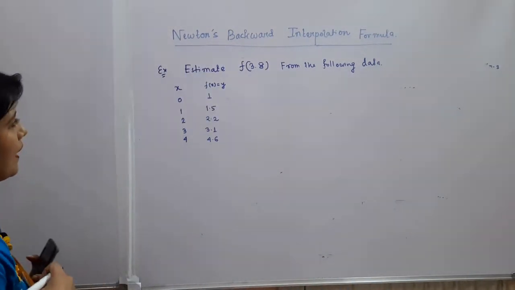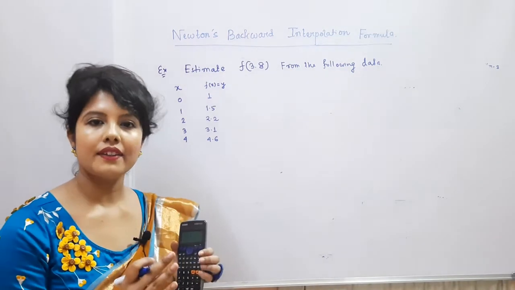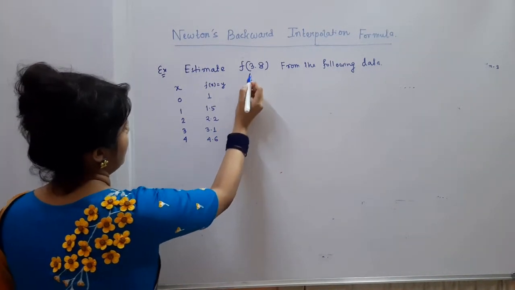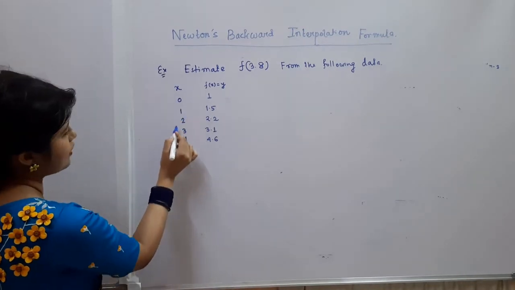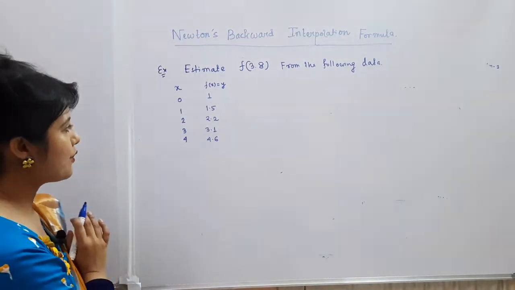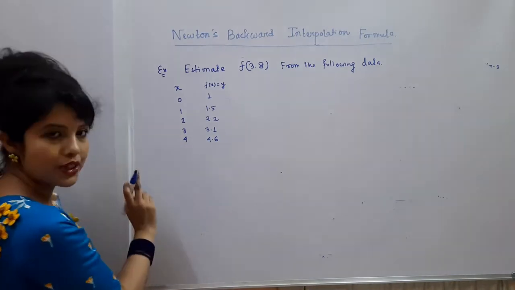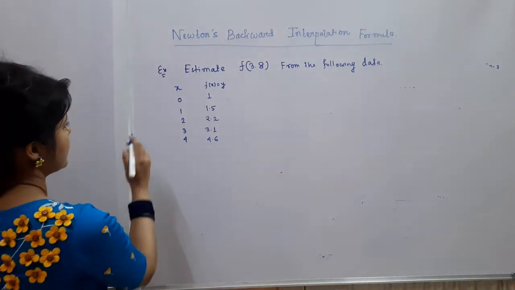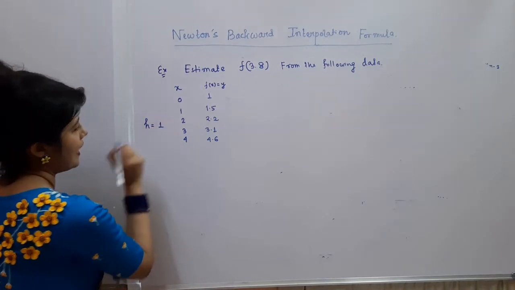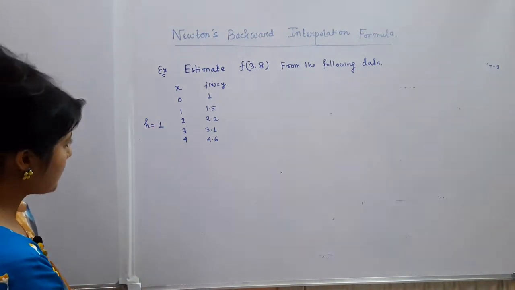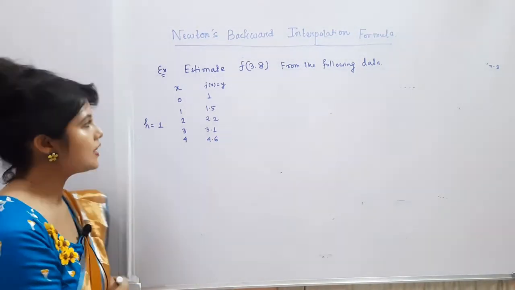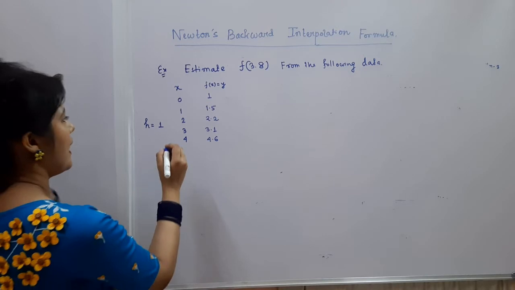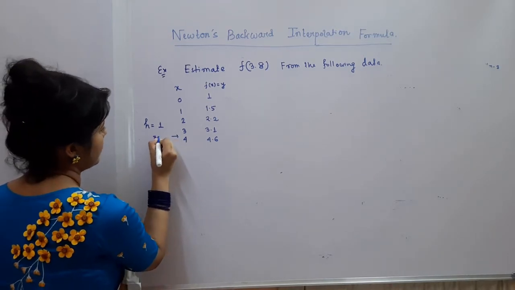Now I have to prepare the difference table first. Let me check that the values of x are clearly equidistant, because 1 minus 0 is 1, 2 minus 1 is 1, 3 minus 2 is 1 and 4 minus 3 is 1. So clearly h is 1, the common difference. So x's are equidistant, and you have to estimate y for x equal to 3.8.